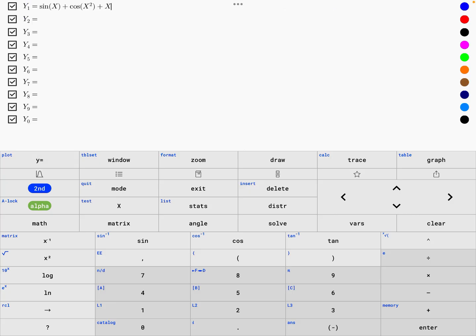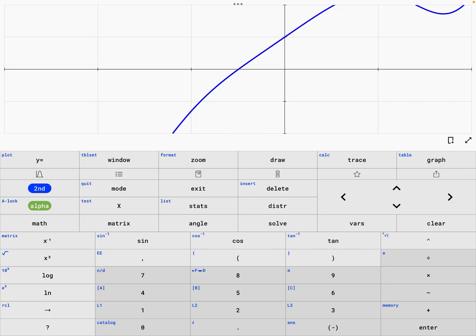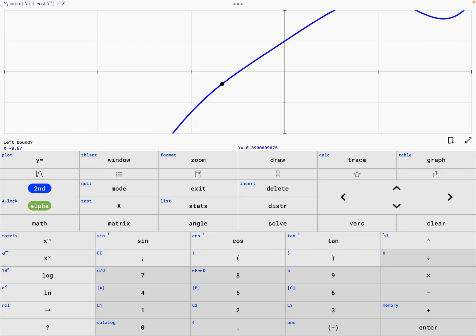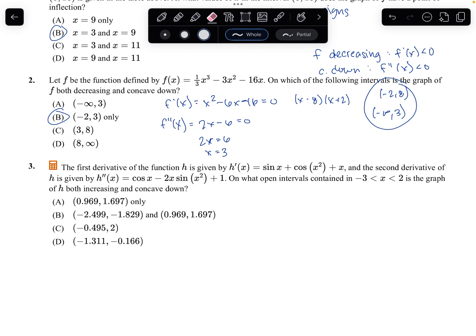I'm going to make sure that this is sine of x plus cosine of x squared plus x. That's the first derivative. So left bound, -0.495, all the way to the end of the interval, so that'd be 2, not infinity.